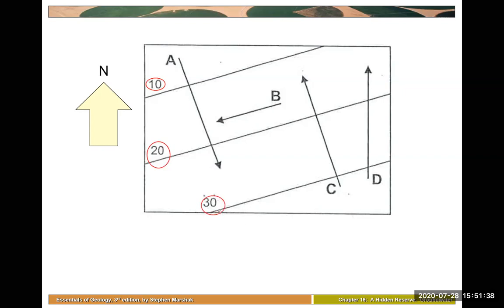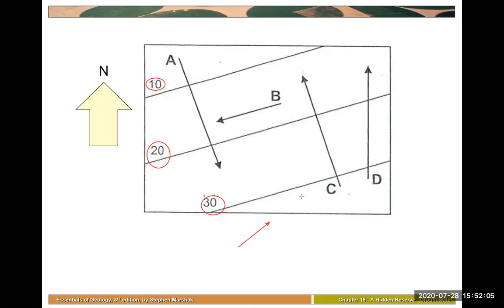With what we said already, the higher hydraulic head is 30, and the next one is 20, then 10. So basically, this area, the bottom right, is higher in elevation than the opposite side, which is lower elevation in hydraulic head.